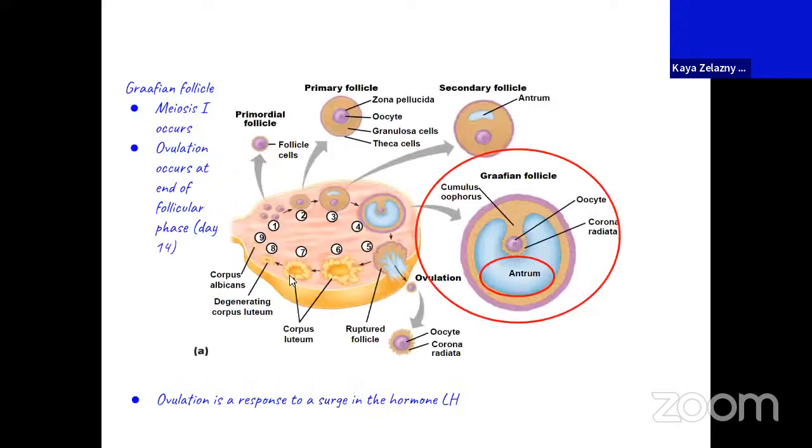And that leads us into the luteal phase, where we have this corpus luteum forming and then degenerating, coming from all these granulosa cells and other cells that have been differentiating around the oocyte. Okay. So we have a GnRH spike, and then we have an LH spike in response, and it's that LH spike triggering this. So that's just a different format of what we spoke about last time.